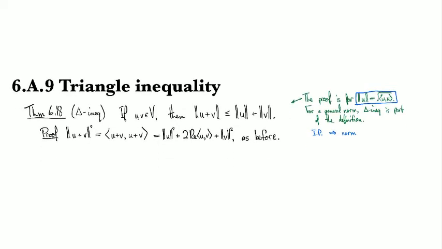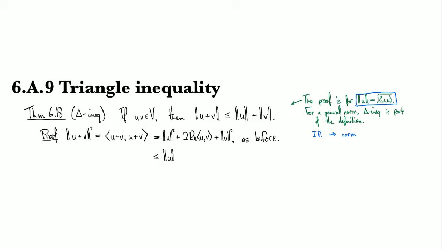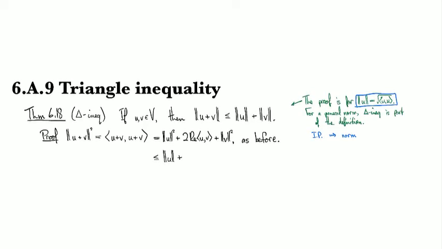As we've computed a couple times before now. And so the idea is that we can introduce an inequality right here by noting that the real part is less than or equal to the absolute value.